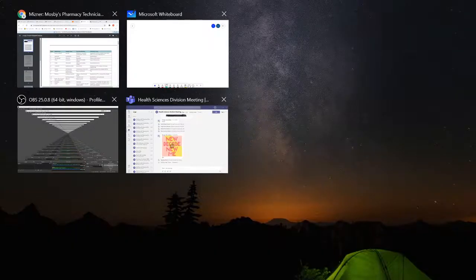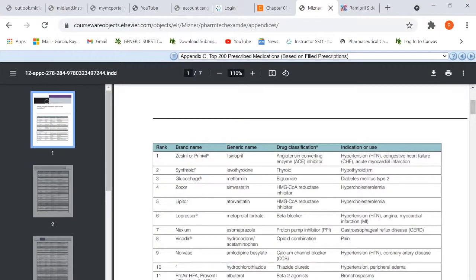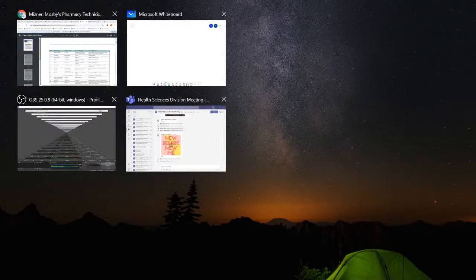So it's a biguanide, metformin, generic name, brand name Glucophage, and it is for diabetes mellitus type 2. So first we'll start off with the drug class, biguanide. That's the drug class. Metformin.